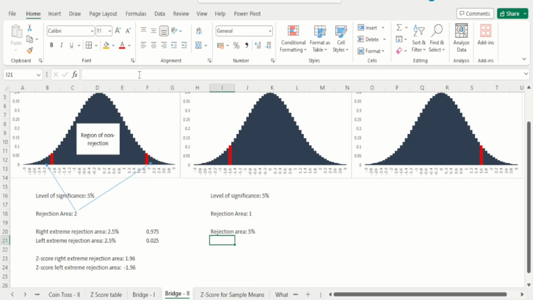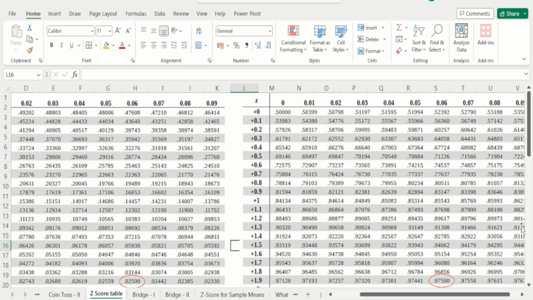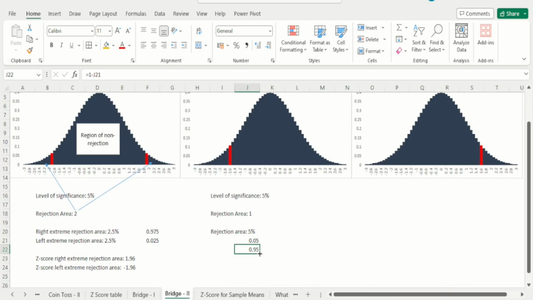So if the rejection area is 5%, what will be the critical point? To look up the critical point, remember that 5% can be represented as 0.05 on the left end, and on the right end it will be 1 minus 0.05, or 0.95. So if you go to the z-score table, the number that we're looking for is 0.95 for the right end of the extremity.